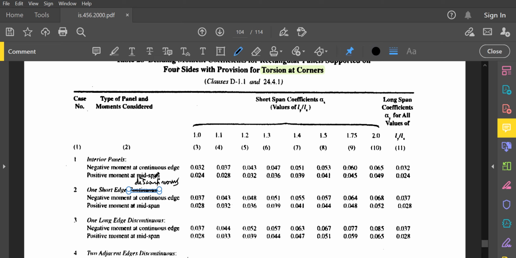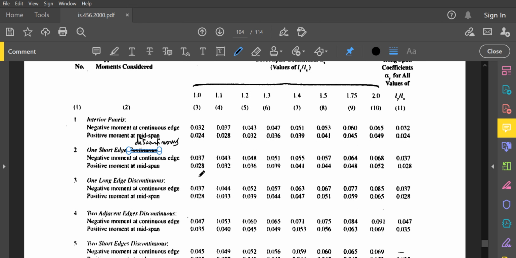I told you, when it's a restrained slab, there will be negative moment at the edges, that is your corners or the supports, and positive moment at the midspan. So we have the coefficients for determining both the negative moment as well as the positive moment. For different values of Ly by Lx, you can determine the negative moment and the positive moment based on the support condition.